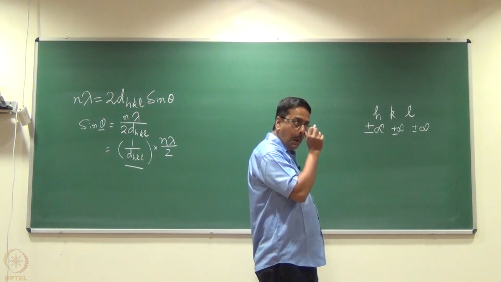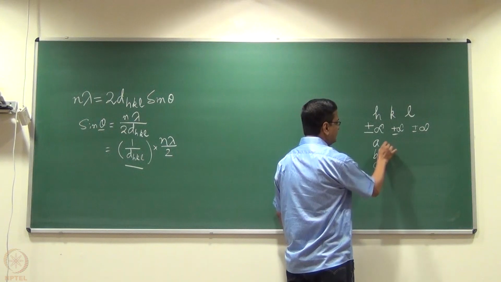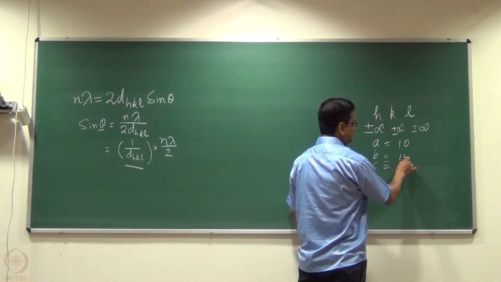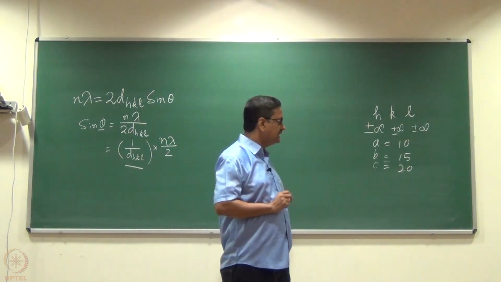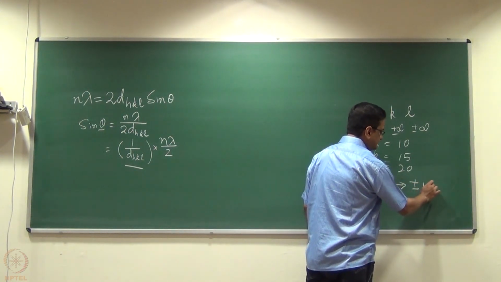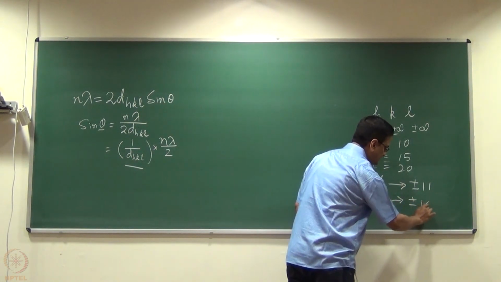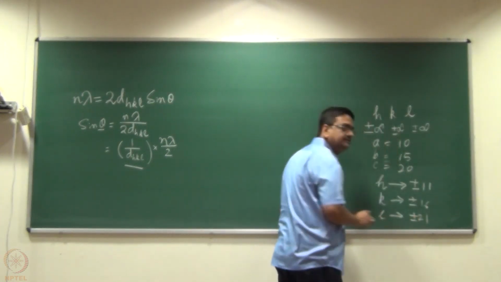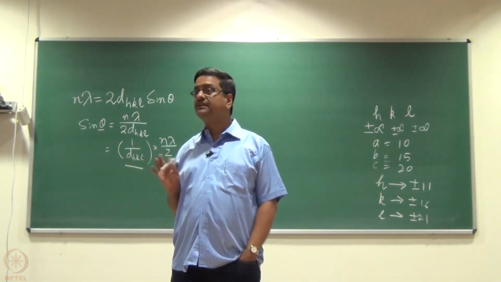And suppose you have A, B, C values like 10, 15, 20, then H is about plus minus 11, K is about plus minus 16, and L is about plus minus 21, which gives a full sphere data up to 50 degree 2 theta.